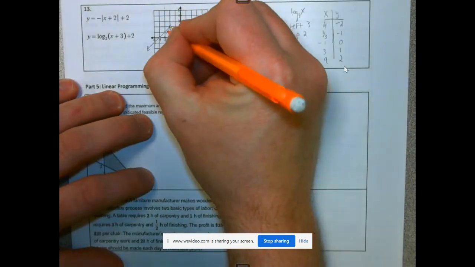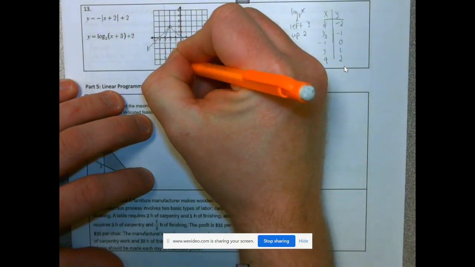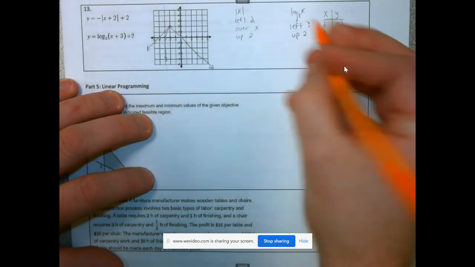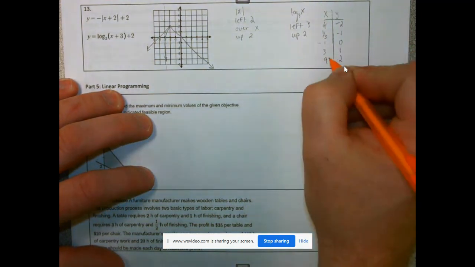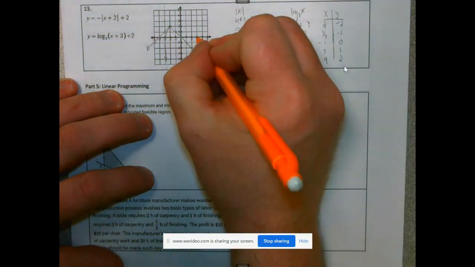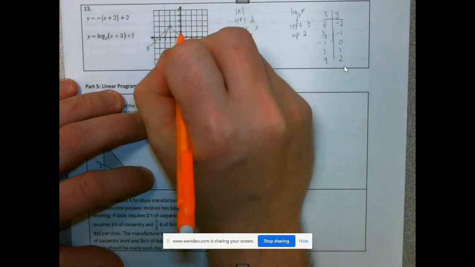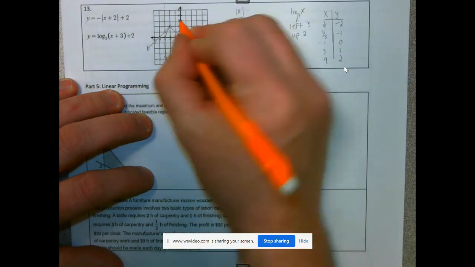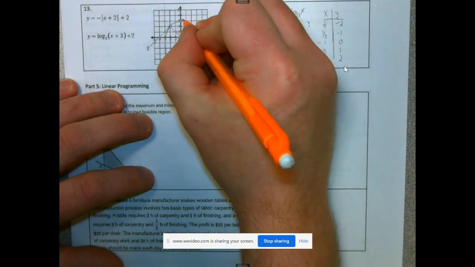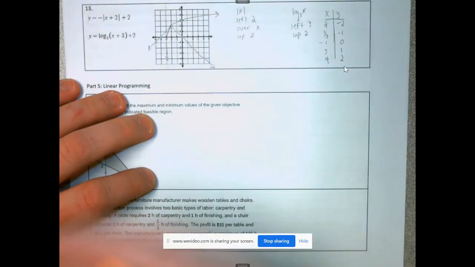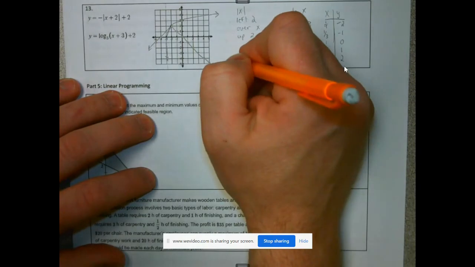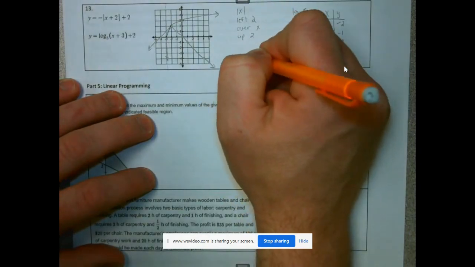So this side's going to go like this. Maybe not so close. Let's try 3, 1 here. 3, 1. So left 3, 1, 2, 3, up 2, 1, 2. So then this is going to go this way, like that. So your intersection here is -2, 2.